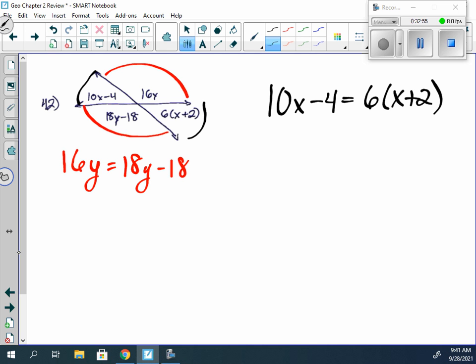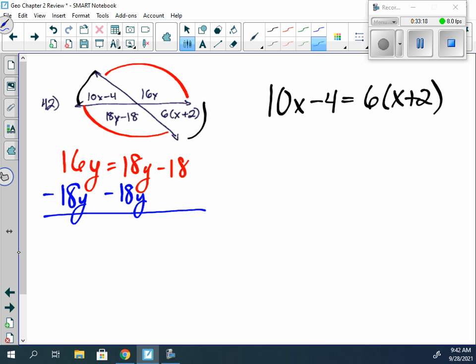Now at this point, all we need to do is solve for the value of x and then solve for the value of y. So 16y equals 18y minus 18. What's the first thing we can do? Since I have y's on both sides, let's move them so that we only have them on one side.